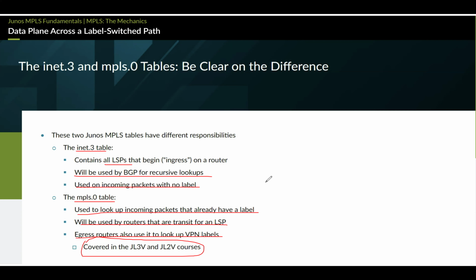It is used on incoming packets with no label. MPLS.0 holds the label distribution scenario, and it is stored in the MPLS.0 table. So when we configure our lab, I will show you the difference clearly.